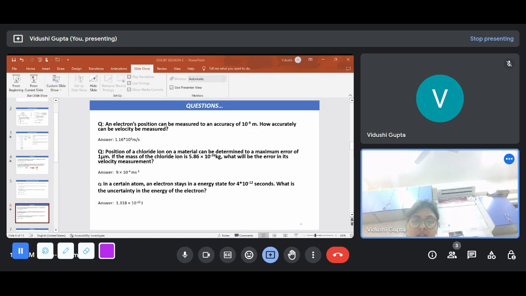So now we know the value of h and t, and we substitute them to get the value of uncertainty in the energy of the electron.